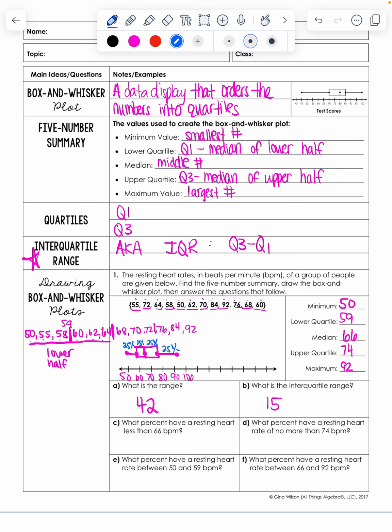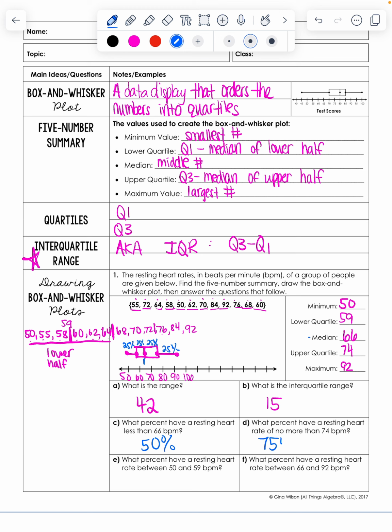But for the percent questions, 66 is the median. So what percent have a resting heart rate less than 66 beats per minute? That would be 50%, because 50% of the data is to the left of the median. What percent have a resting heart rate of no more than 74? No more than 74 would be anything 74 or below.